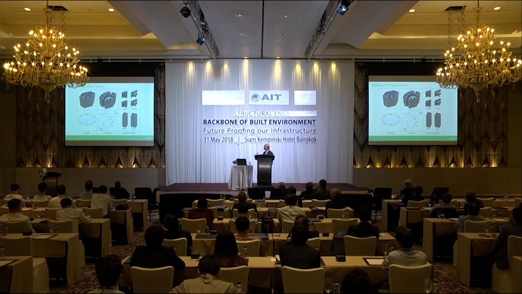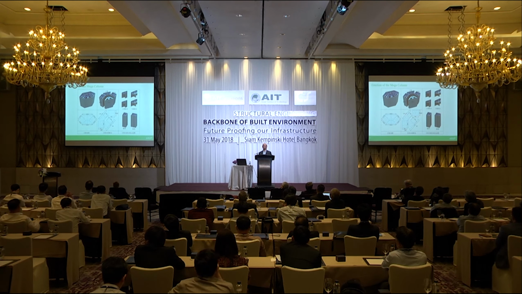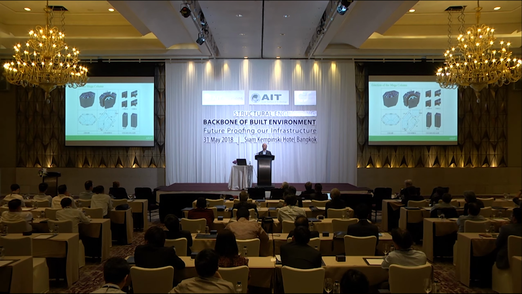And how to construct the columns, this mega column. Again, this mega column is 11.5 by 5.2 at the base. You just cannot lift it, right? Even for 1 story, right? Can't.